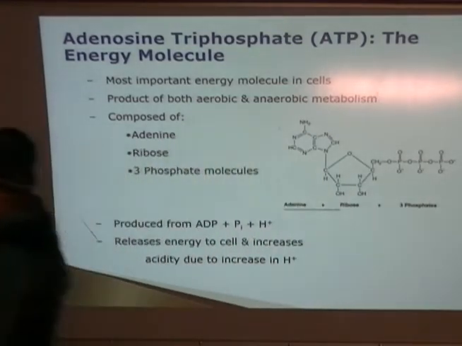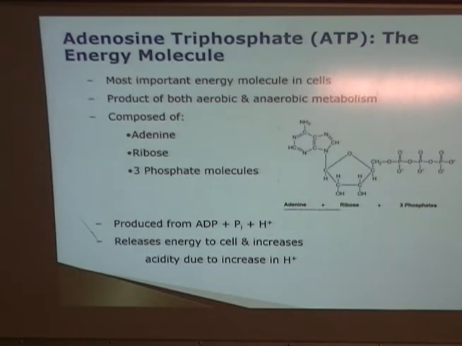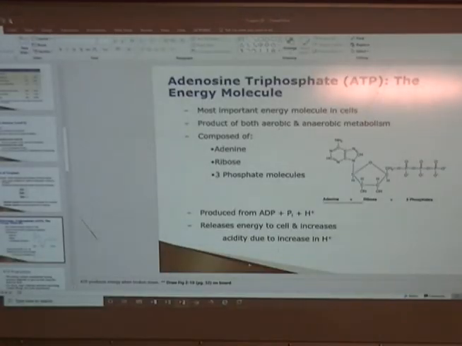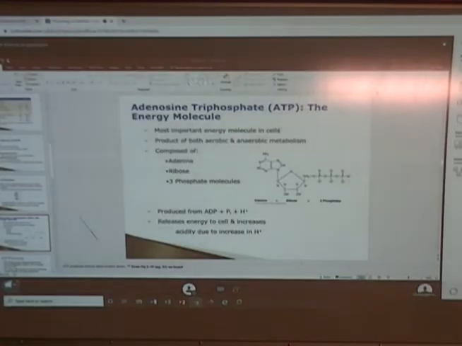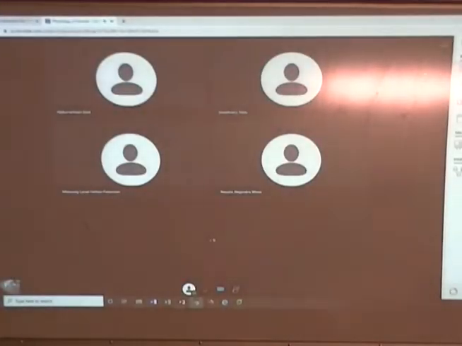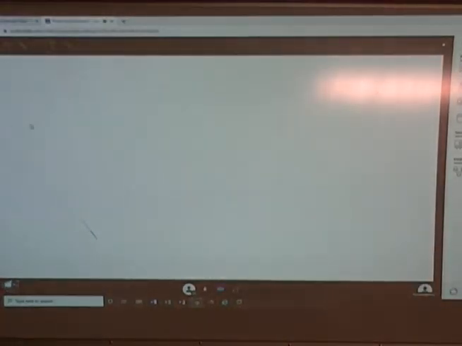So let me see if I can draw. I'm not very good on this whiteboard online, but I'll give it a go, see if I can draw you a picture here. There's my adenine and my ribose.